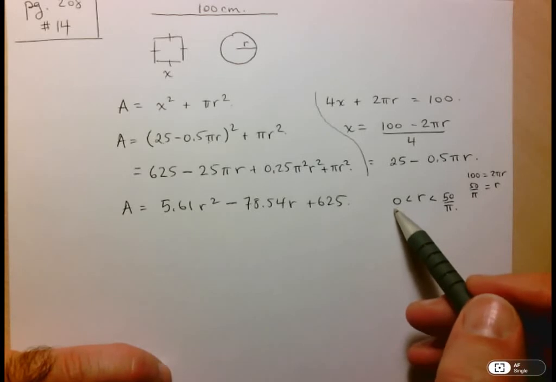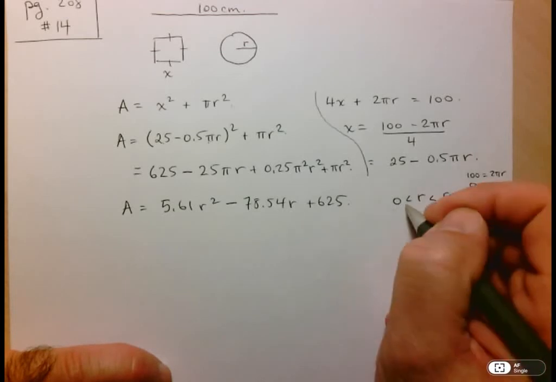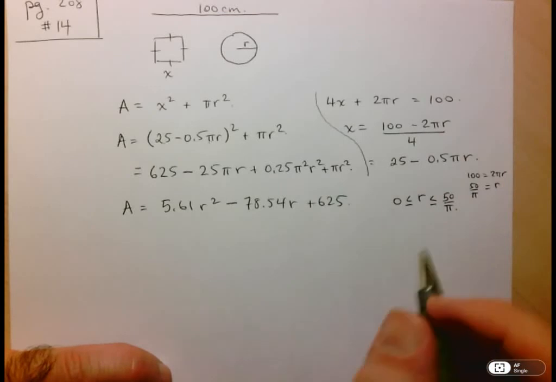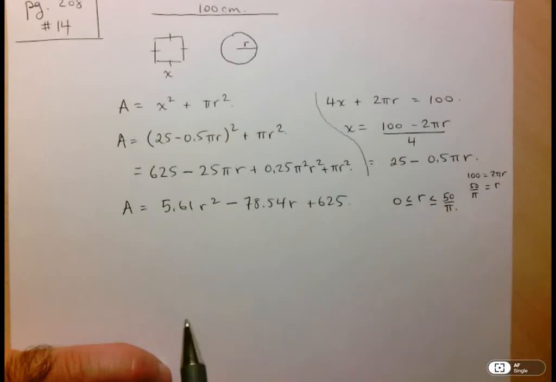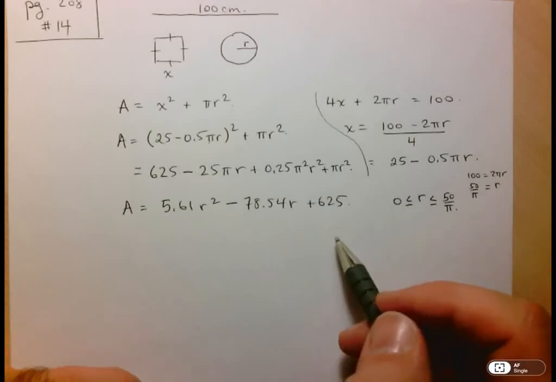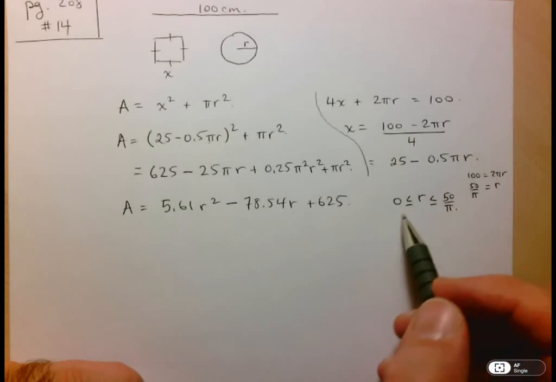Or do you allow for all of the wire to be taken up by one shape? There's an argument to be made either way. I checked what the book does, and it assumes that you can have just a circle or just a square. So I'm going to include the equal to possibility. But there is an argument to be made that the way the question is posed, you wouldn't be including the endpoints.